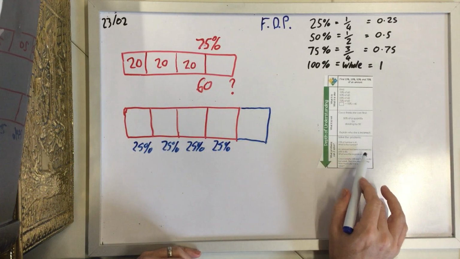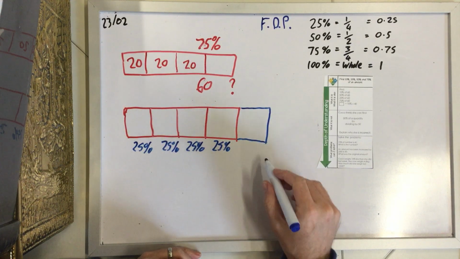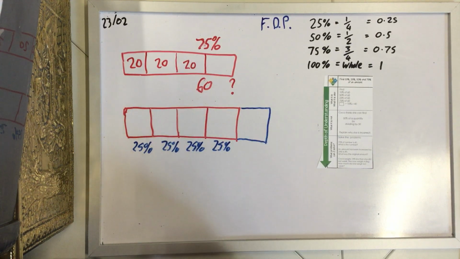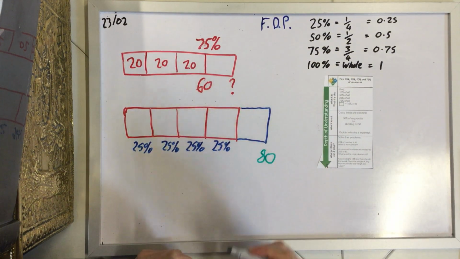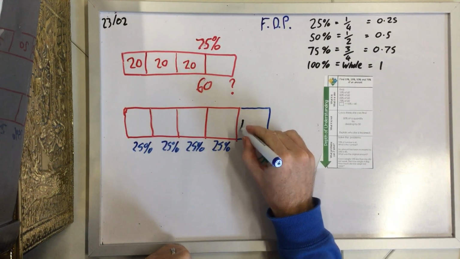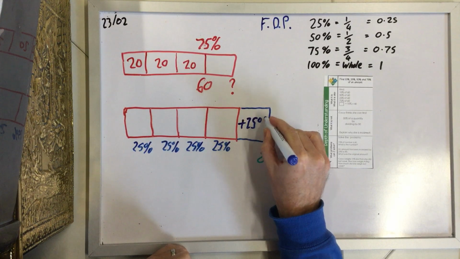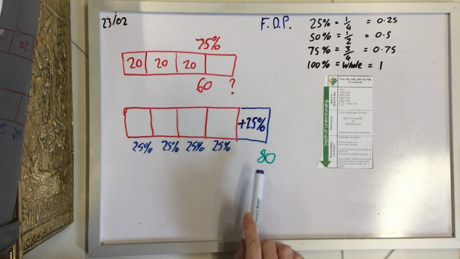But it's then been increased, and it's now 80. You've added on that 25% and got to 80. Can you work back from there?